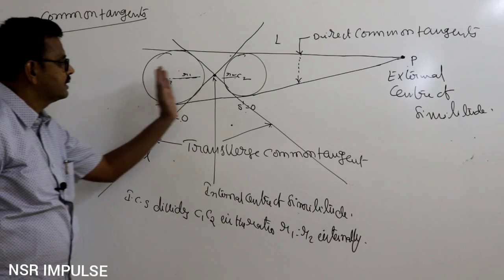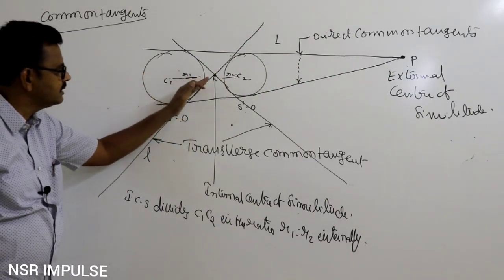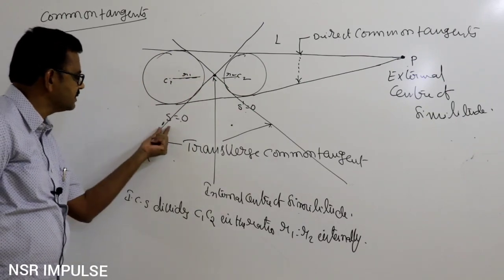If the two circles lie on either side of the line L, then this line is called a transverse common tangent. This is a transverse common tangent.